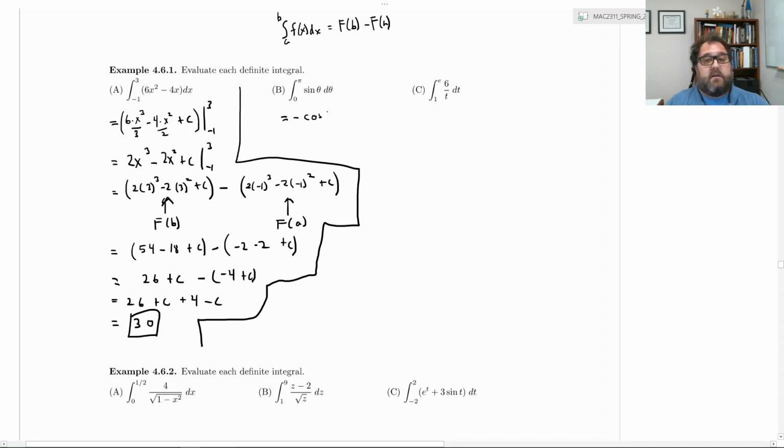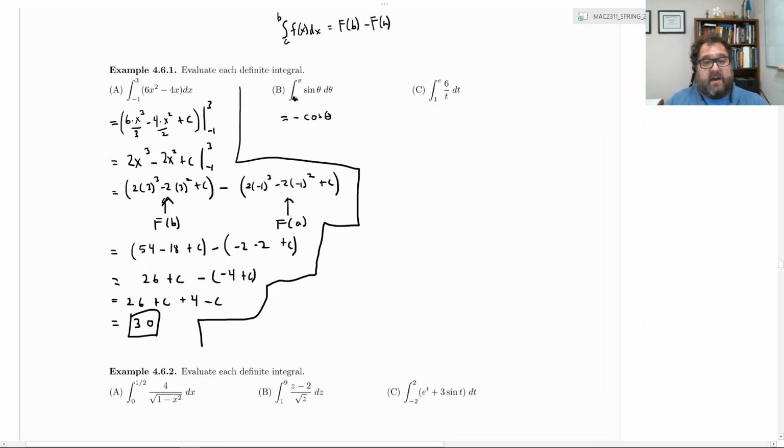Negative cosine theta, and we'll just use plus C and not worry about it. And again, it's very important that we use that notation, because if we did not, then that's not a true equal sign, because that would be an antiderivative, which is not even the solution.